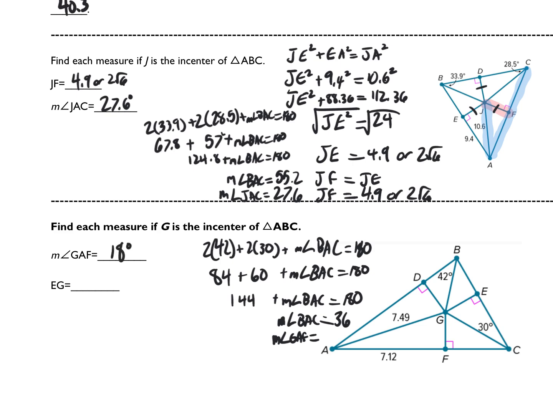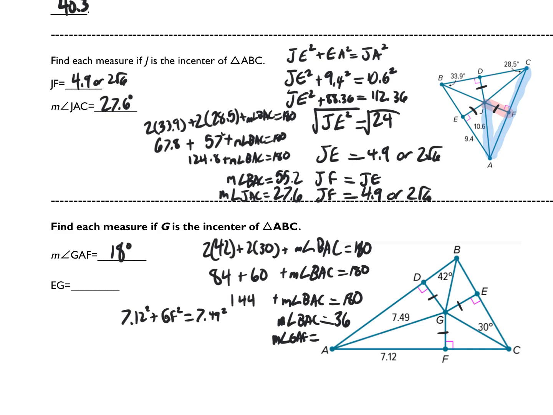Now segment EG is going to be congruent to segment DG and segment FG. So if I can figure out one of those segments, it looks like I can figure out segment GF pretty easily. If I do 7.12 squared plus GF squared equals 7.49 squared.